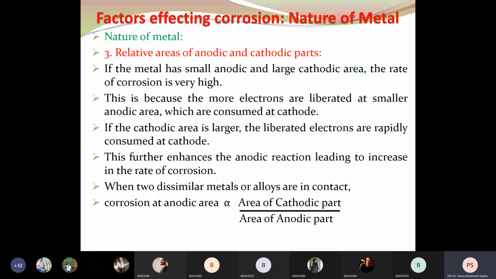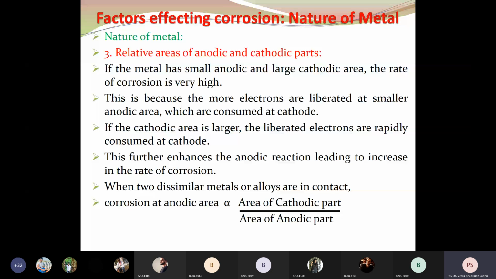Because the anode is the oxidation process and the cathode is the reduction process, at the anode more electrons are released, and the cathode consumes the electrons. So if the cathodic area is very large, the consumption of electrons is very high, and it will just extract from the anode. So there will be more corrosion.